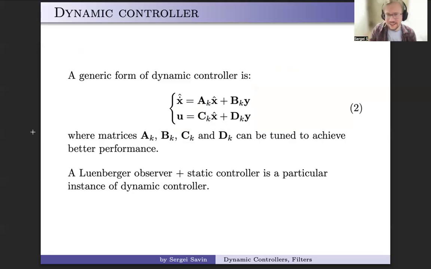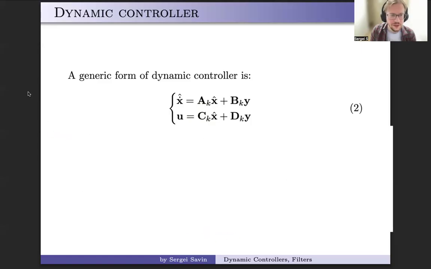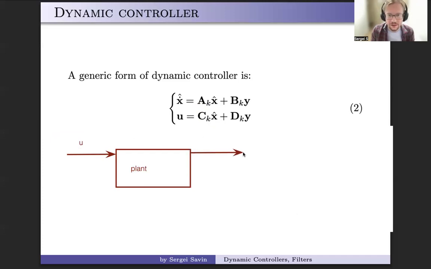Okay. Last beautiful image for you. Or let me draw it. So if you think of a plant graphically, imagine this is a plant. I'll put here plant. And the plant has inputs and outputs, right? So here's the input to the plant, which is your control, U. Here's the output of the plant, which is your output Y, right?